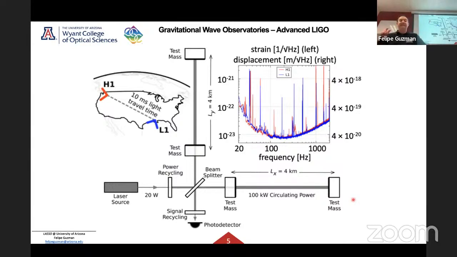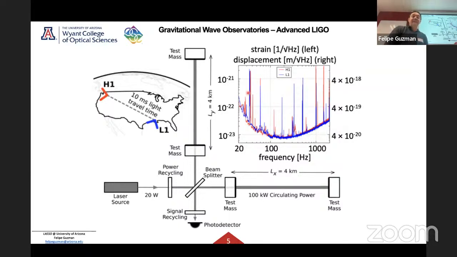So as I mentioned a moment ago, that displacement change the gravitational wave causes on the mirrors is very faint. So faint that the resolution that the LIGO detectors need to achieve is on the order of 10 to the minus 20 meters. So that is extremely tiny. These are the best.